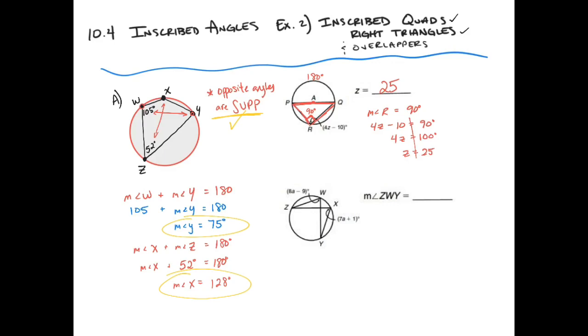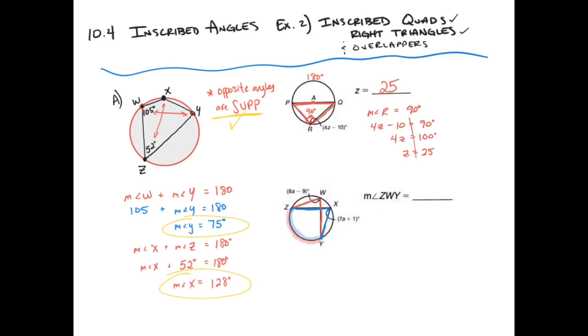And last up, we have overlappers. What I mean by overlappers is this angle W here has an arc of ZY. The inscribed angle X, here you are, you might notice that it also has an arc of ZY.